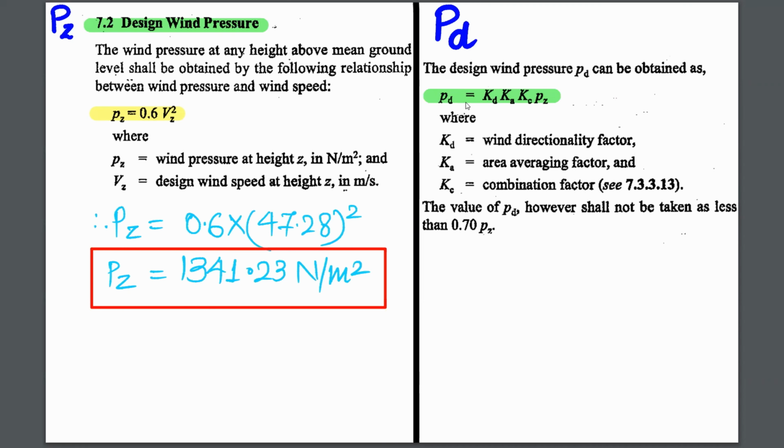For design pressure, there are three coefficients, KD, KA, and KC. We have to compute this coefficient from the table, and further we have to multiply it from PZ to get PD. So basically KD is wind directionality factor, Ka is area averaging factor, and Kc is combination factor. Let us see one by one how to get it.